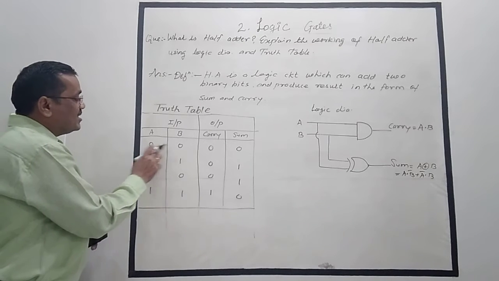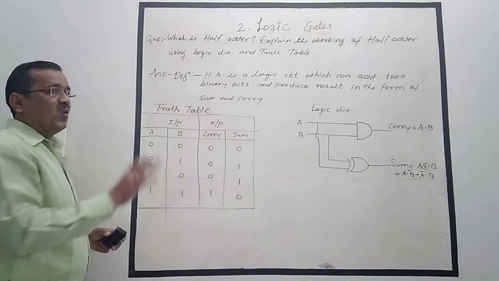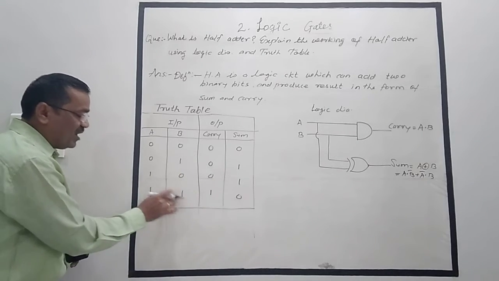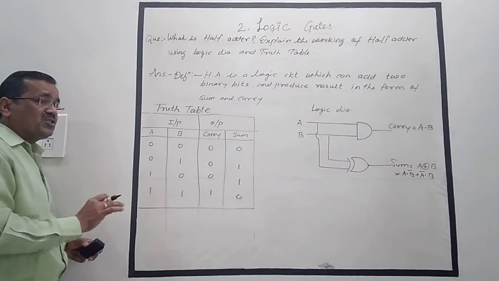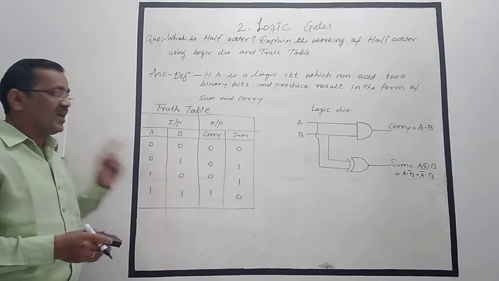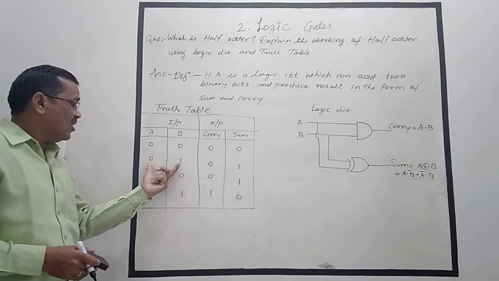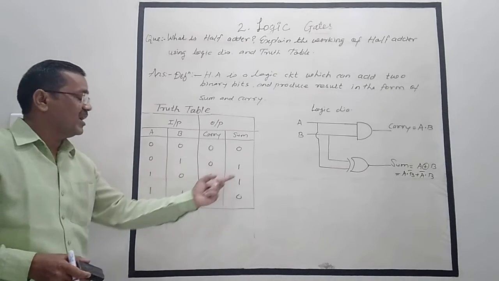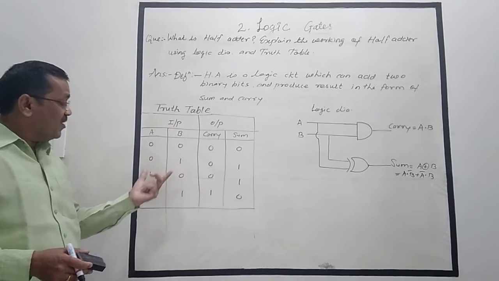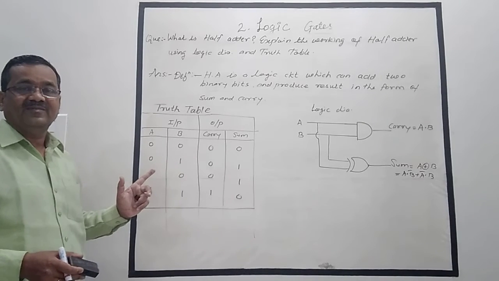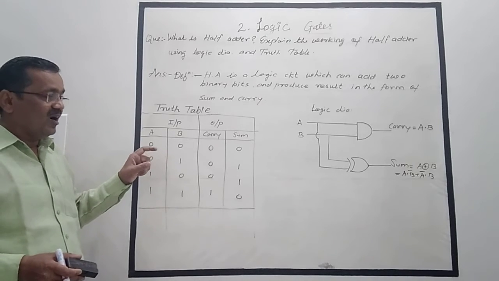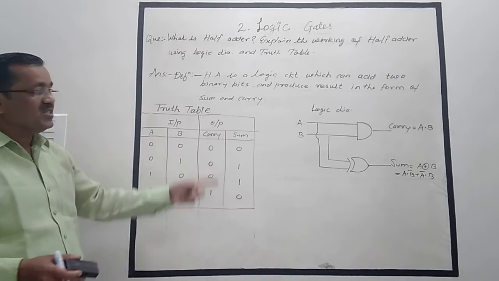In the first case, both the inputs are low, so the output is low. In the last case, 1 1, both the inputs are high, then the output is low. In the first and last case, both inputs are 0 or 1, then the output is low.